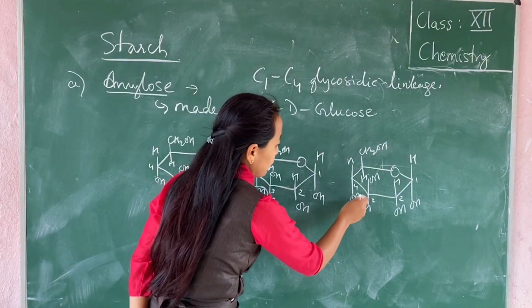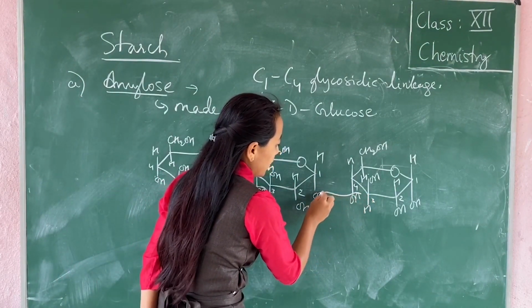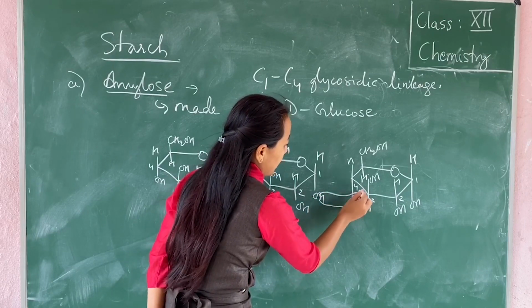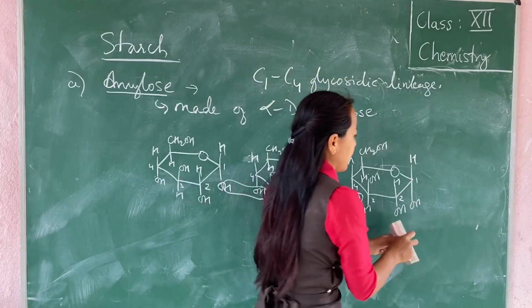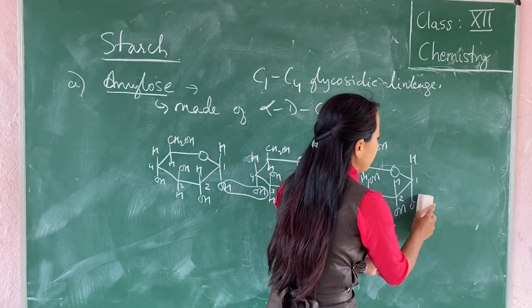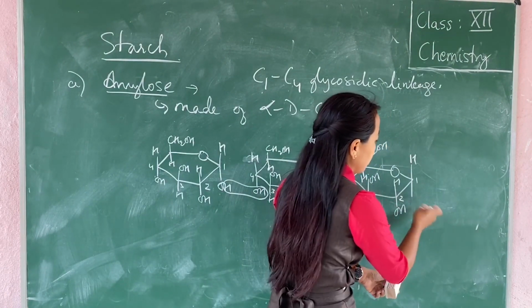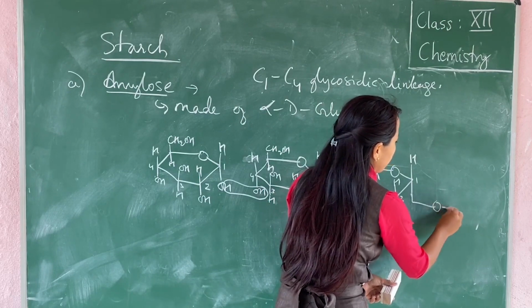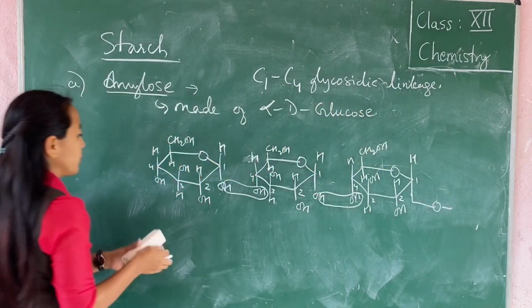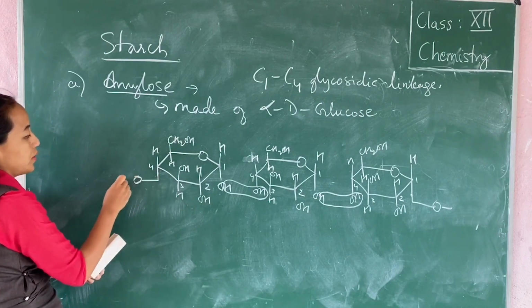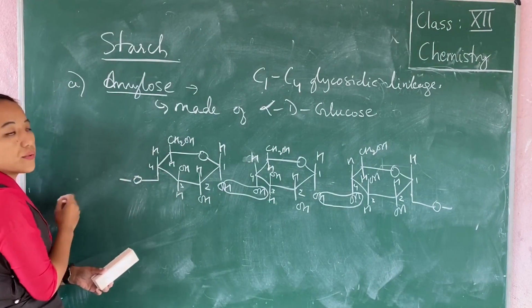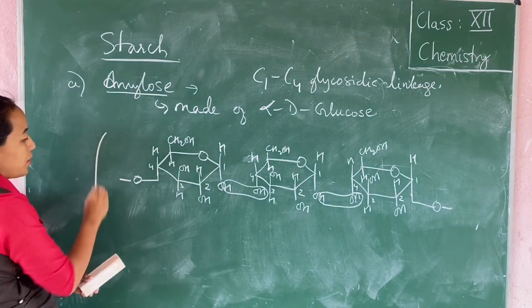Similarly, from these two you are going to eliminate a water molecule, and these two combine together through this oxygen. And this again will react with the fourth carbon atom of the next glucose unit, and it forms a linkage. Here also, this oxygen will form a linkage with the previous glucose unit. So this goes on and on.